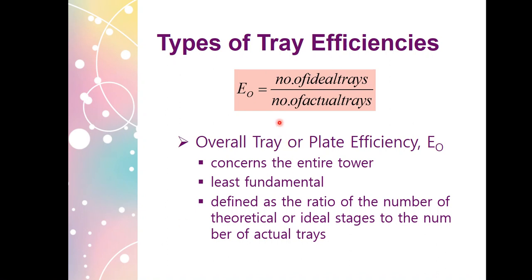Meaning we add something to the one that we have computed to compensate for the efficiency of our trays or plates. Now, this is the least fundamental, since it concerns the entire tower, and I have already given you the definition. So it's the least fundamental, meaning in terms of accuracy, it may not be as accurate as the other ways of expressing tray efficiencies.